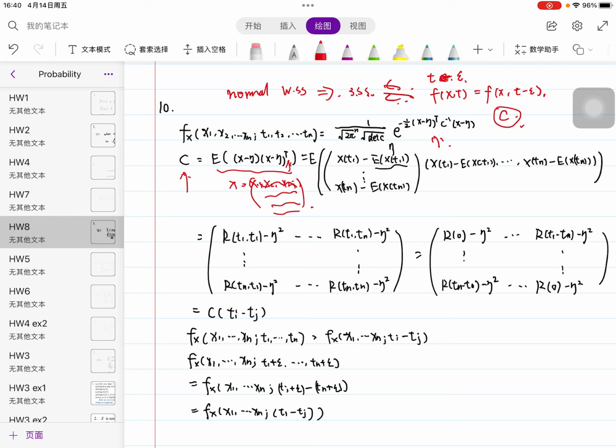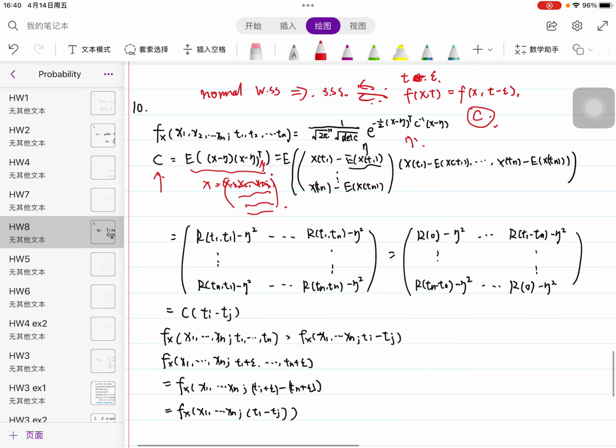There are matrices here, and that is why we have the transpose of this matrix. And we could expand this expression to this second step. So that is xt1 minus the mean value of xt1, and there are n terms here, and the last term is xtn minus the mean value of xtn, times the transpose of this matrix.